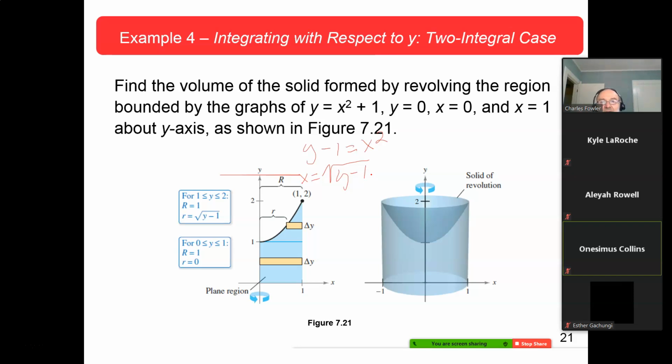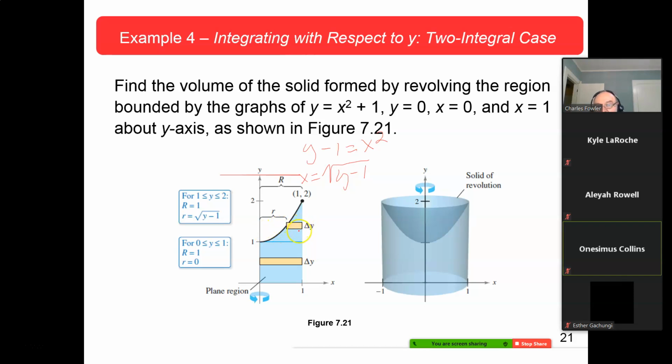Now, technically we ought to say plus or minus. But remember, this x is only representing a radius. So the radius that we have here, that's your little r here, is going to be just the positive square root of y minus 1.